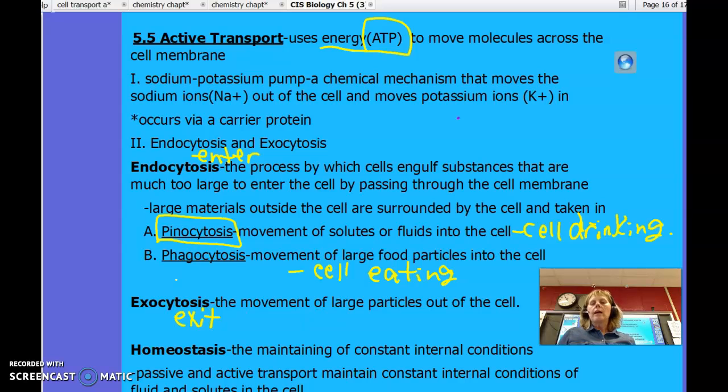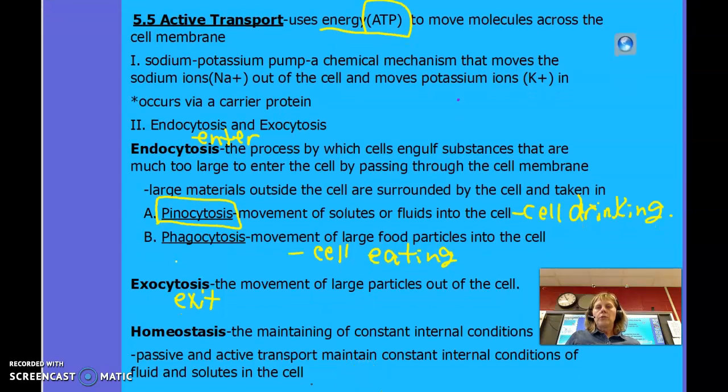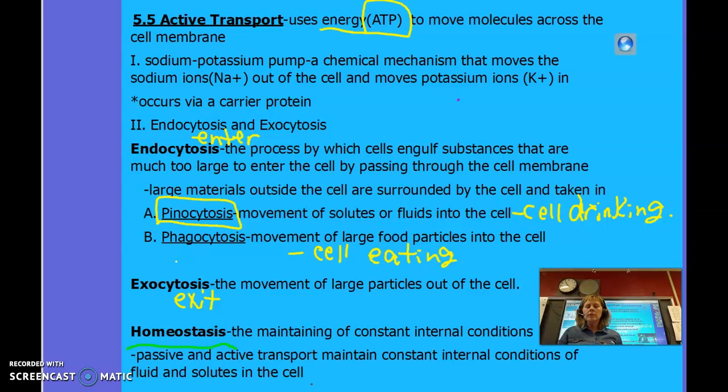And as we talk about all of these things that move through the cell membrane, it's super important to remember homeostasis. So homeostasis is all about maintaining internal conditions. And we talk about this earlier on, in terms of, we need to regulate oxygen levels in the body.